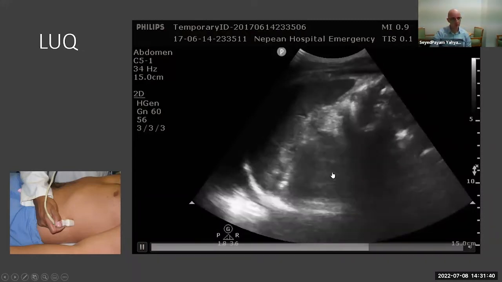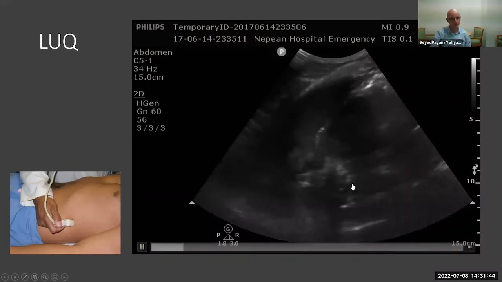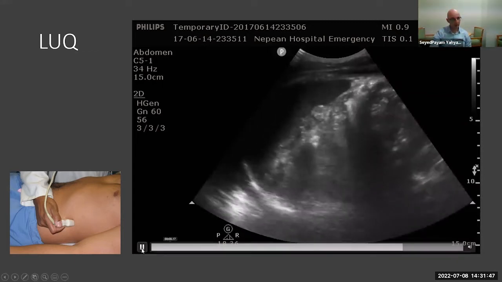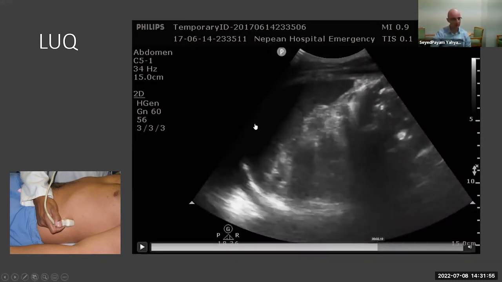But in this one, we are getting the whole clear structure in just one image. And again, after we are done with the perisplanchnic area, we go up, we check for the lung curtain, and we check for the spine sign to make sure that there is no fluid in the base of the lungs.